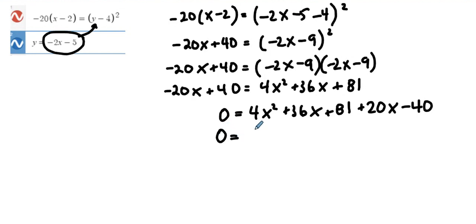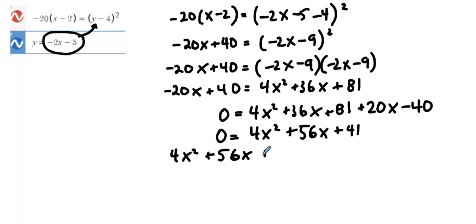So we'll simplify a little bit more. 36 plus 20 is plus 56. Positive 81 minus 40, positive 41. So I'll just rewrite it, just out of habit. This is our quadratic equation that we can solve.